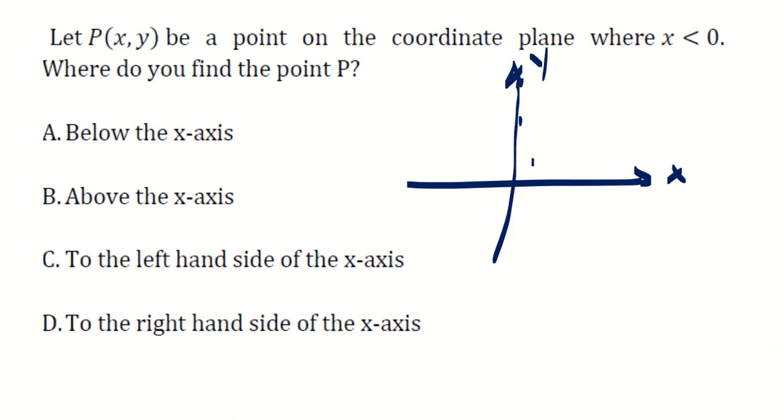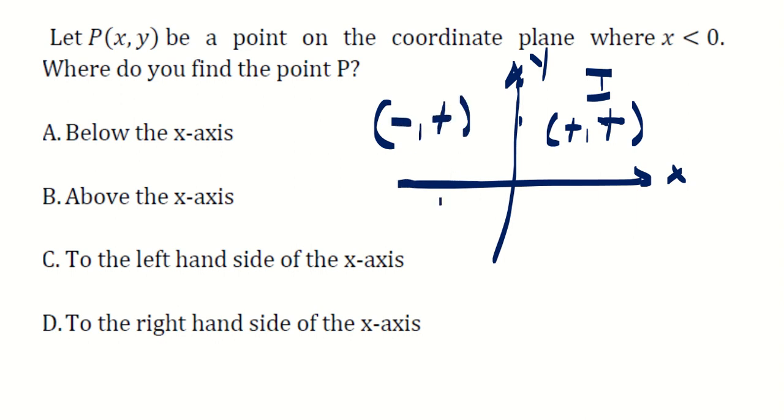First quadrant means here, both positive, x positive and y also positive. In the second quadrant, x is negative and y is positive. In the third quadrant, x negative and y also negative. In the fourth quadrant, x is positive and y is negative.